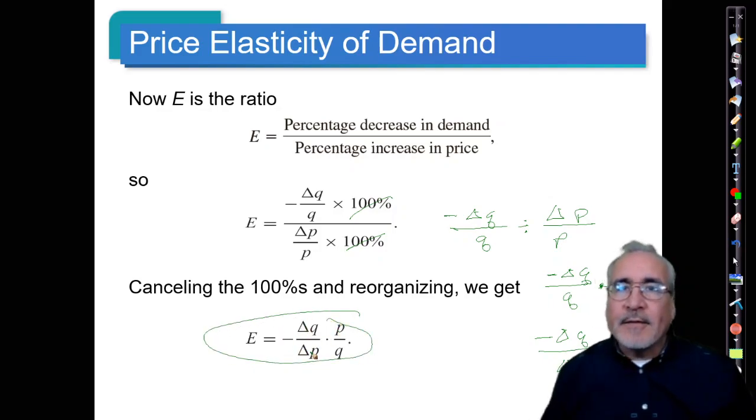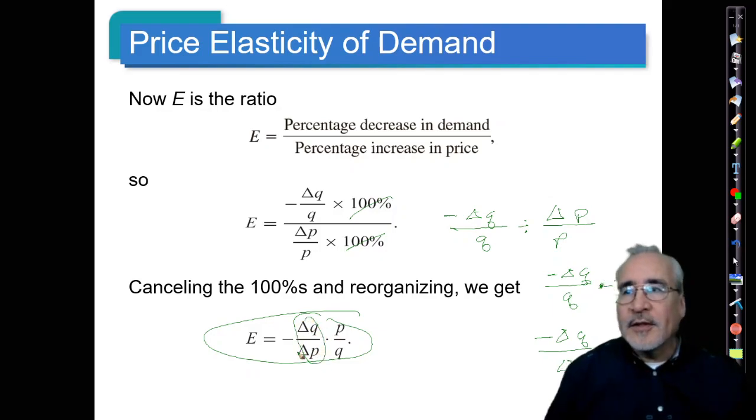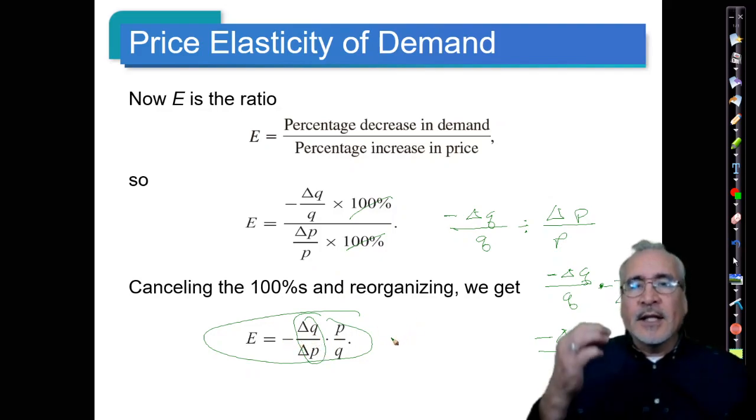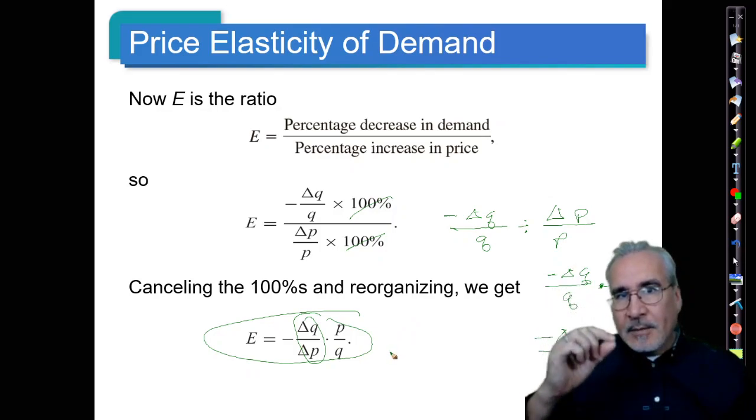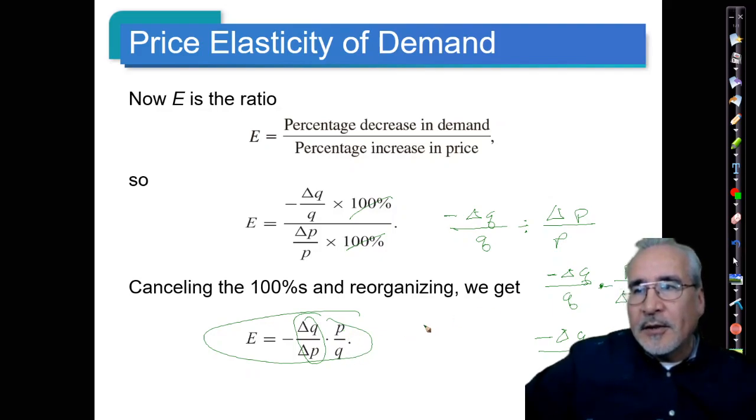Now remember, when we have changes, this is really a slope function, and what's a slope? It's a derivative. So we're going to see that's the derivative minus the derivative, and it's negative because the demand should be dropping. Okay. And then we get P divided by Q, and remember Q, what is Q?